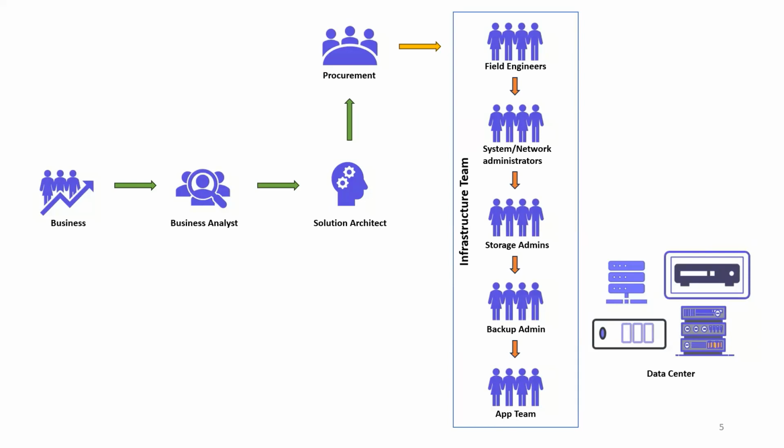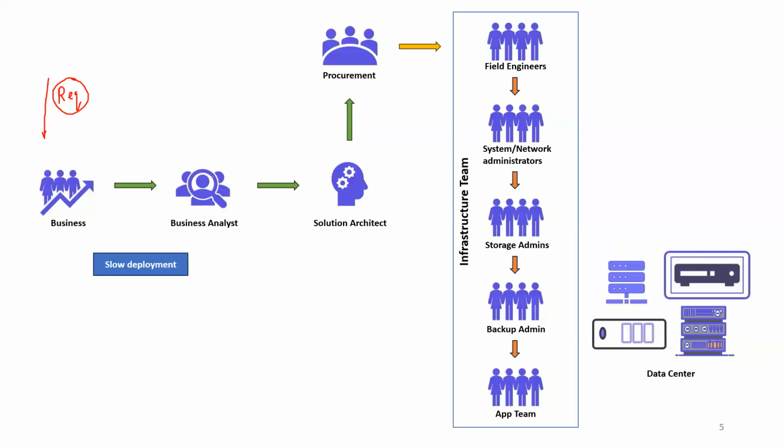Okay, so in this traditional working model, the turnaround time varies from weeks to months for everything to be ready for the application deployment. That is the reason it is called slow deployment, sir. Why is it called slow deployment? If you get a requirement from the business to create an application, the turnaround time varies from weeks to months because everything has to be ready.